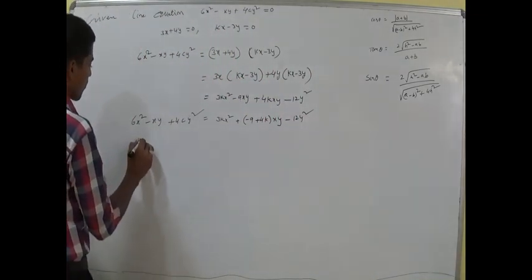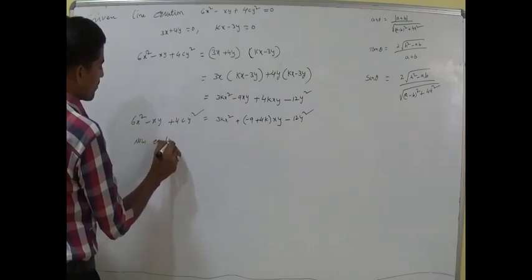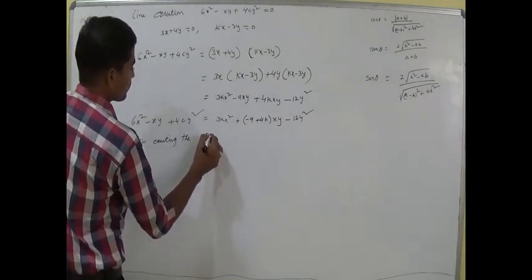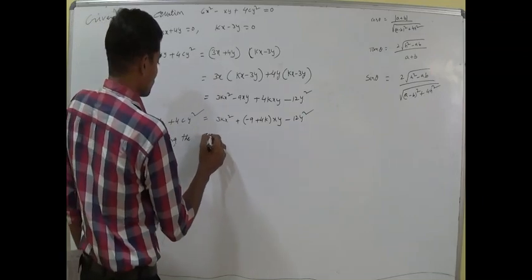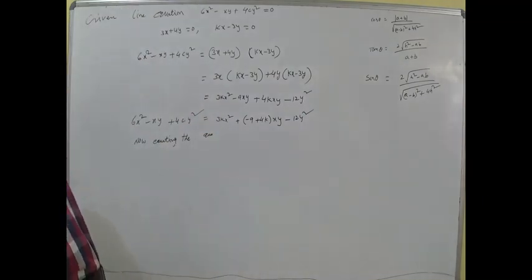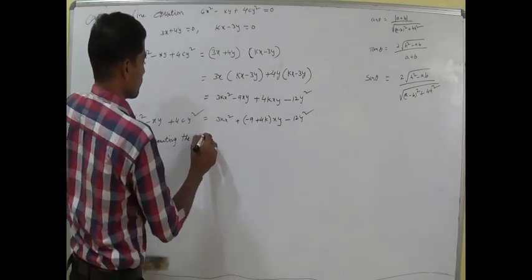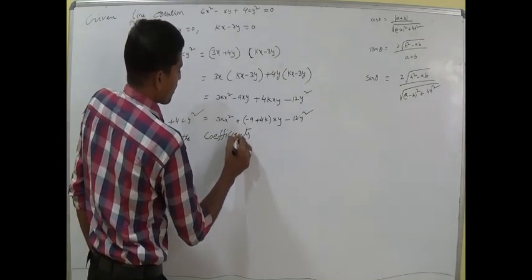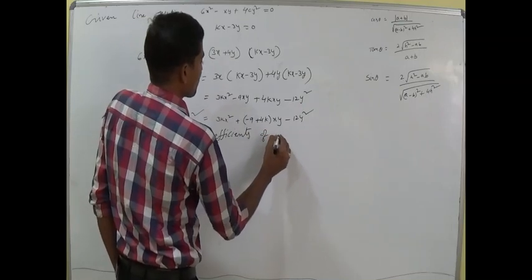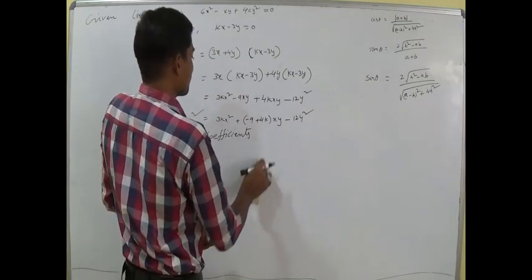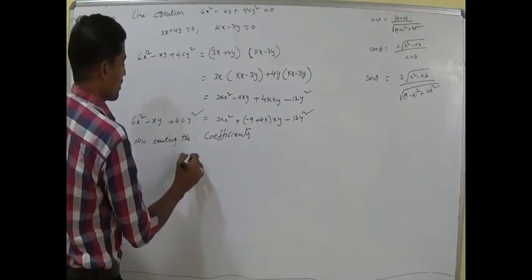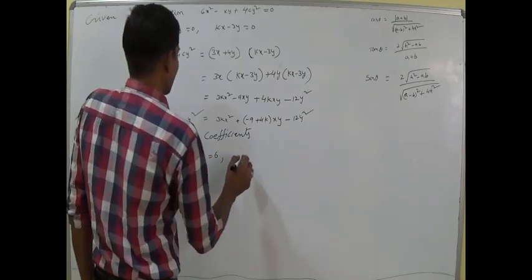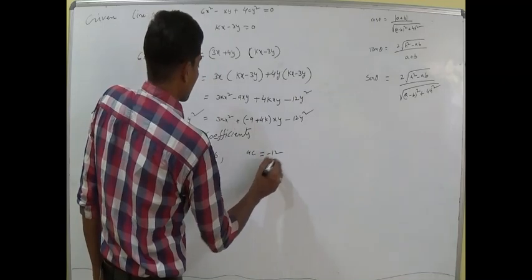Then 3k equals 6, and 4c equals minus 12.